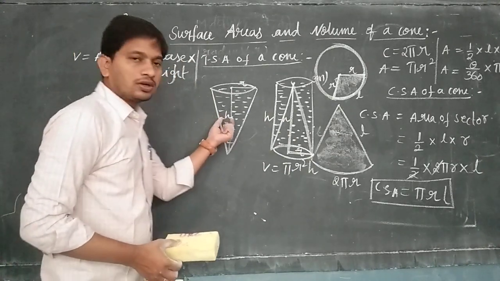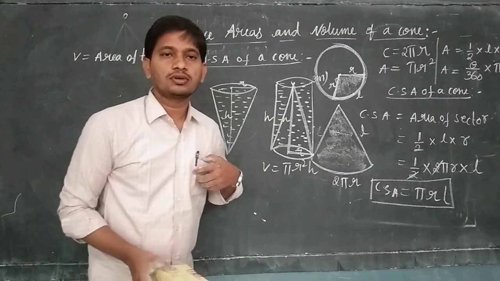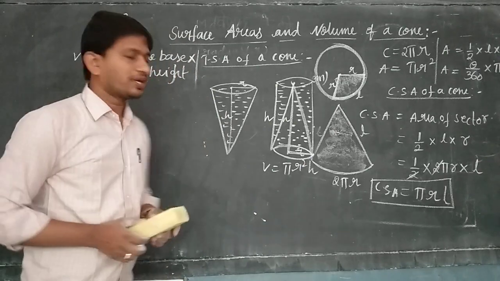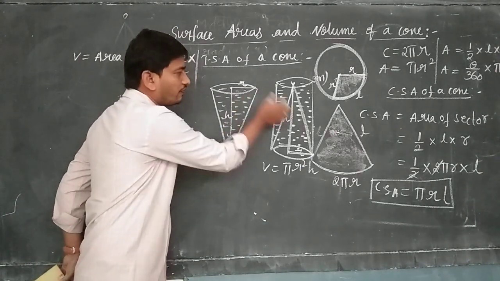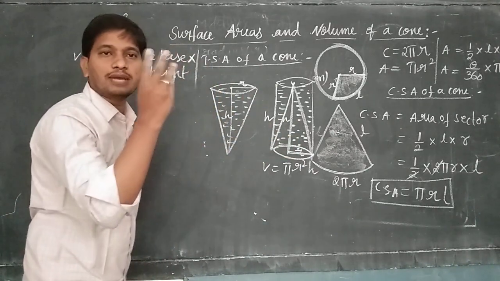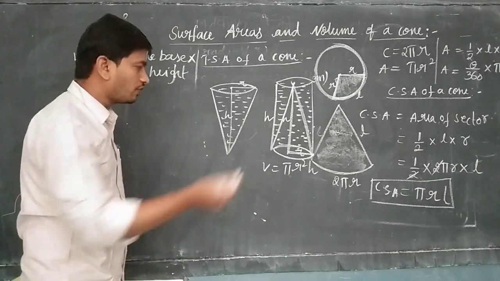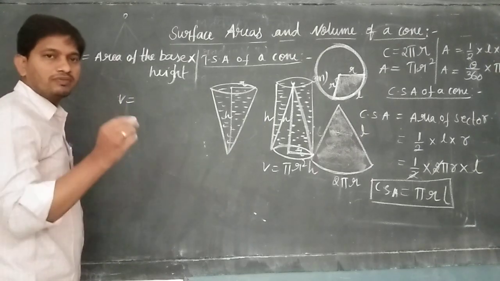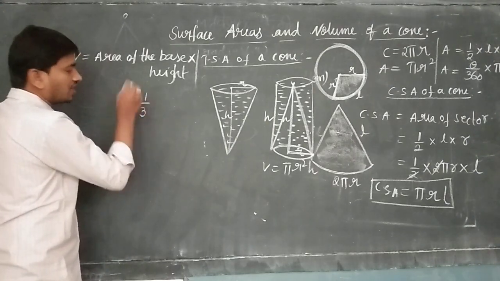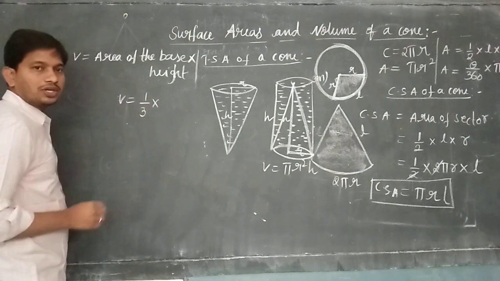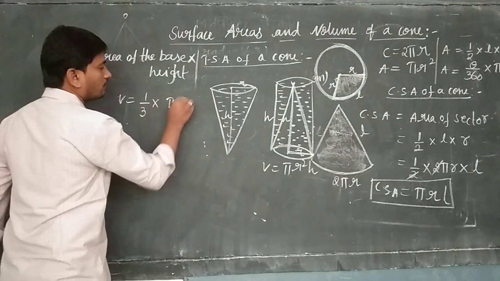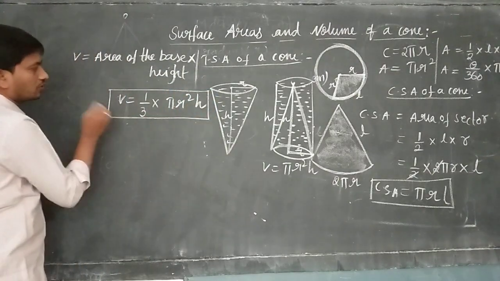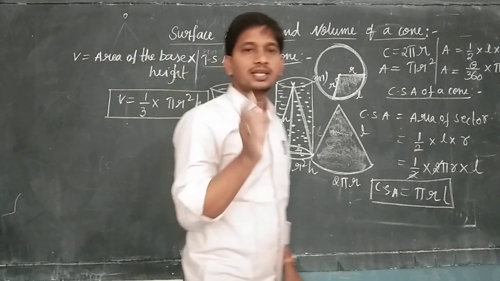Volume of cone will be 1/3 of volume of cylinder, because this water, when filled into the cylinder, takes 3 times. Therefore, I can say that volume of the cone will be 1 by 3 into volume of cylinder. So volume of cone equals 1 by 3 into pi r square h.